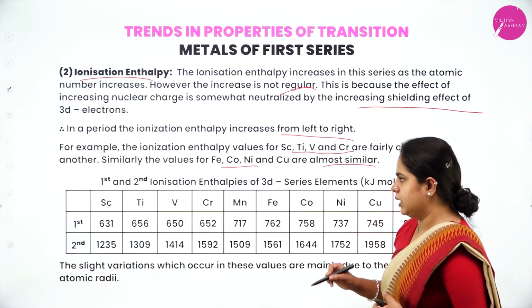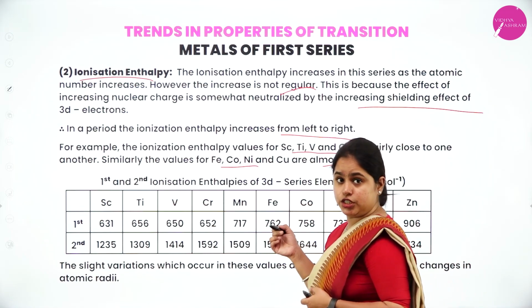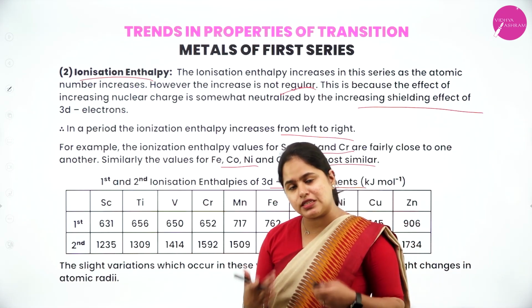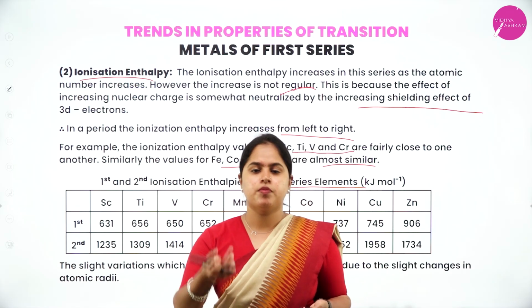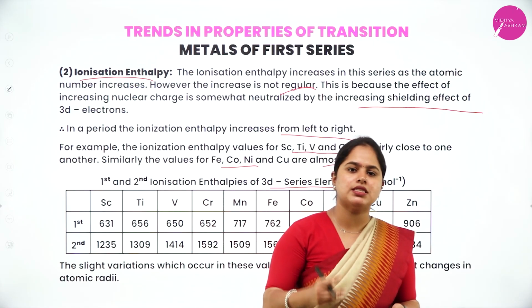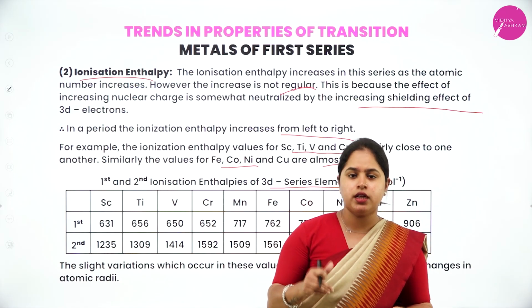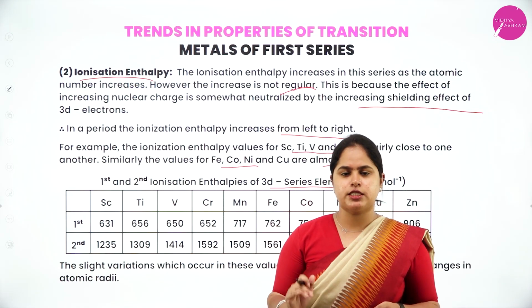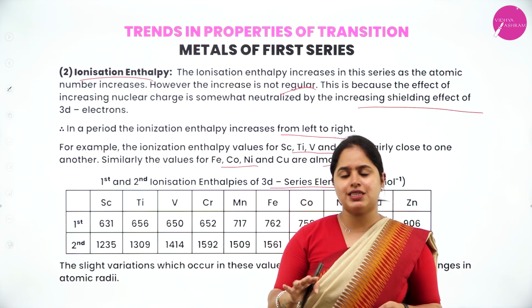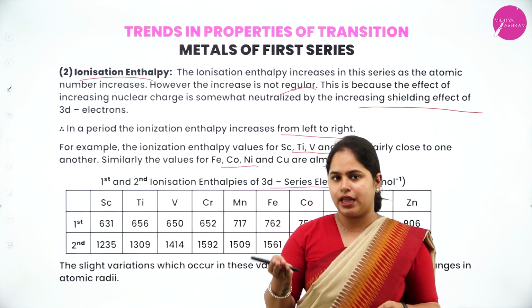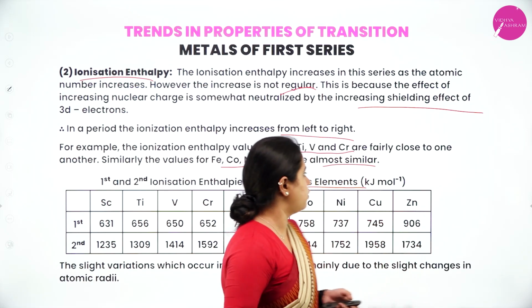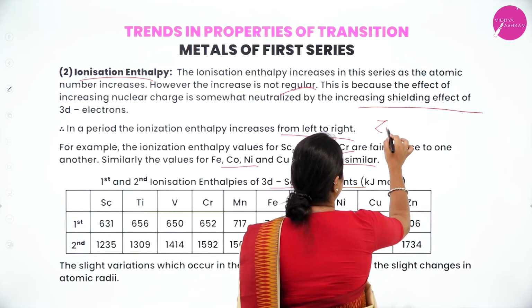So let's see here the first and second ionization enthalpy of 3d series elements. First of all, what are the first and second ionization enthalpy? First ionization enthalpy is the enthalpy required to remove the first electron from the outermost shell, right? And second ionization enthalpy is, once it has been converted into a cation, how much enthalpy is required to remove the second electron. For example, let's take zinc.